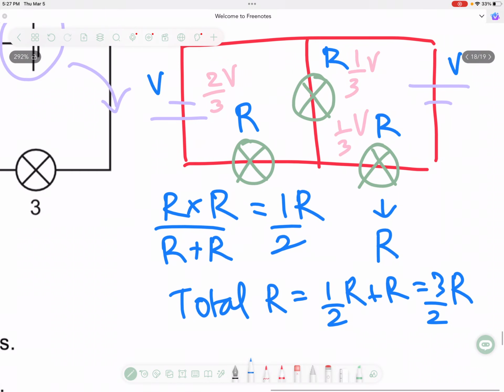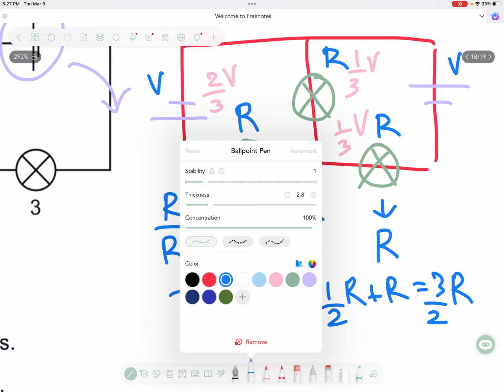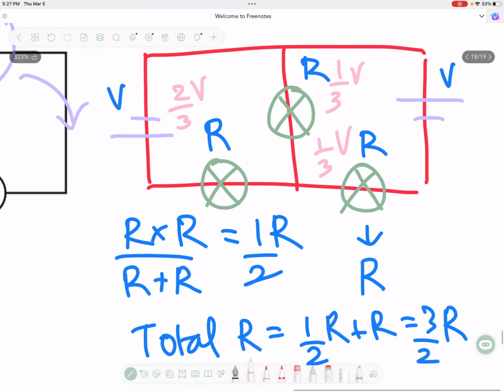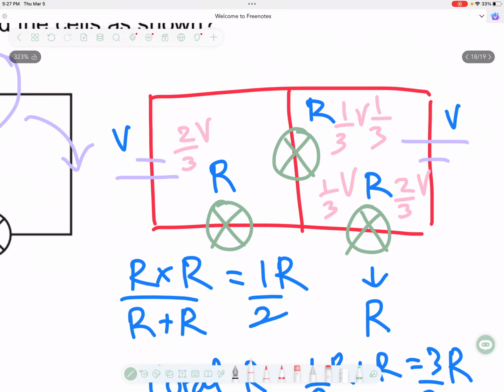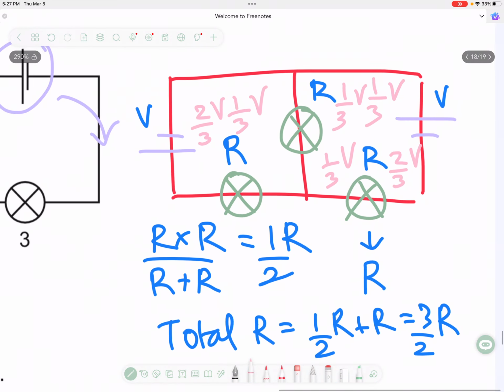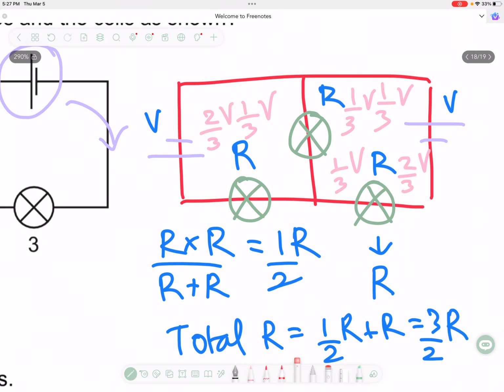Okay? That means that the voltage that goes across this one over here is going to be 2 by 3V, and that goes over here is 1 by 3V and 1 by 3V. Okay, now we got our two voltage values for each of the lamps.